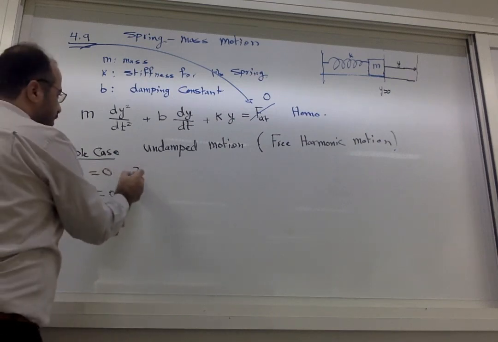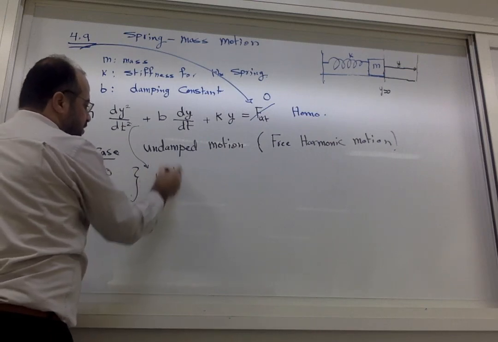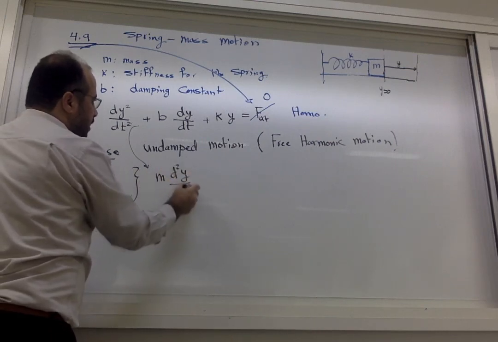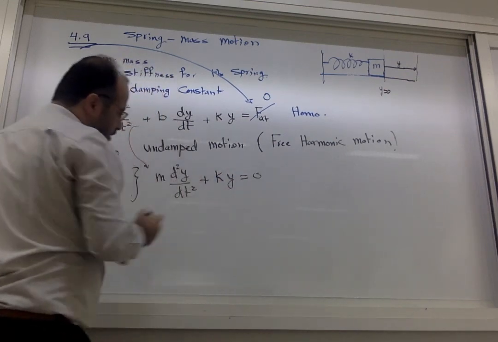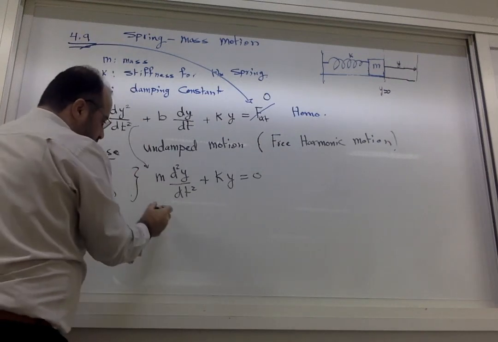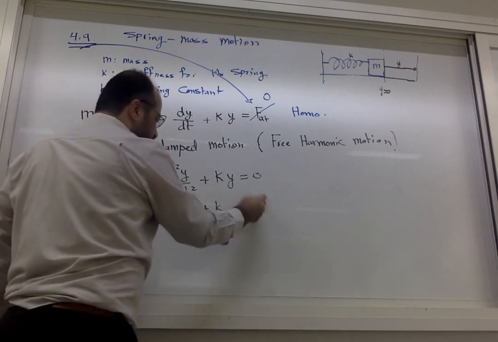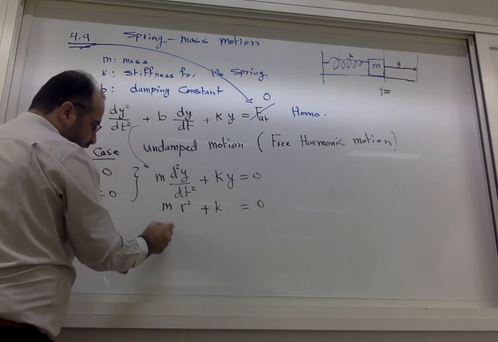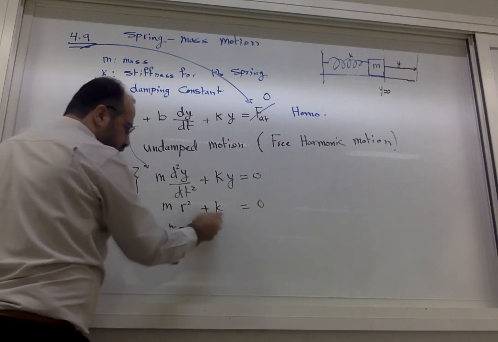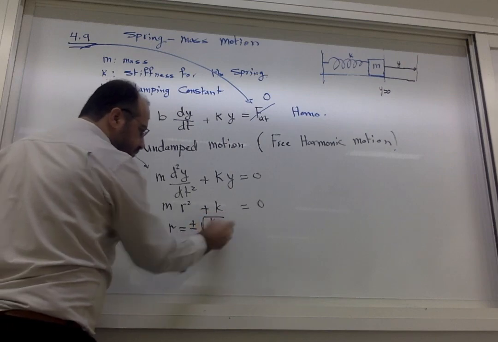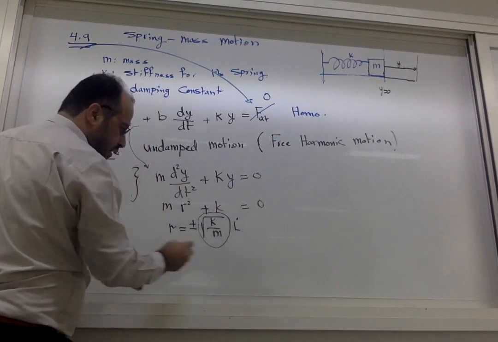In this case, the equation will become m d squared y over dt squared plus k y equals 0. If you solve this, you need to change it to m r squared plus k equals 0. Last time we said if you solve for r, then r will be plus minus square root of k over m times i. And we said we're going to call this thing omega.